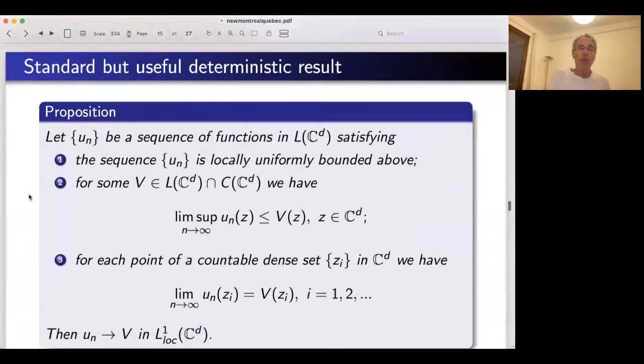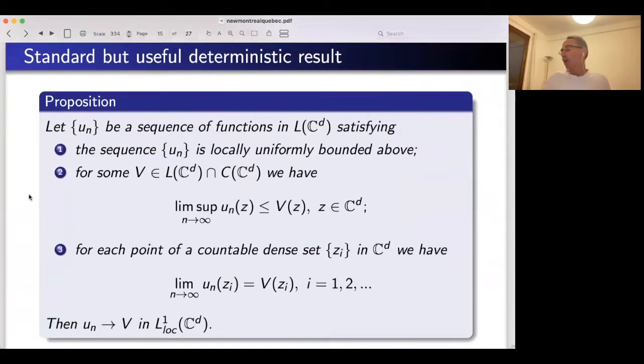And it's actually simply a result about subharmonic functions on a domain in R^n, but I'll state it for our setting. So suppose we have a sequence of functions, I'll call them u sub n to keep our notation, in this Lelong class. So for us, plurisubharmonic functions of logarithmic growth. And suppose it's locally uniformly bounded above. And suppose there's some continuous function in the Lelong class so that the lim sup of this sequence is below this continuous guy.